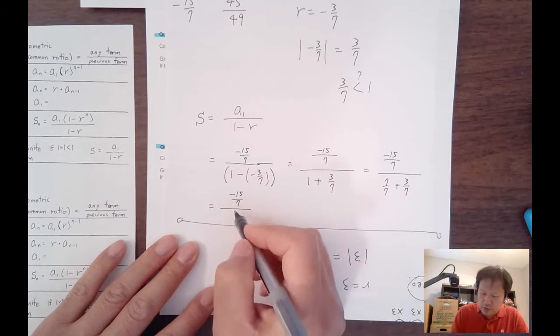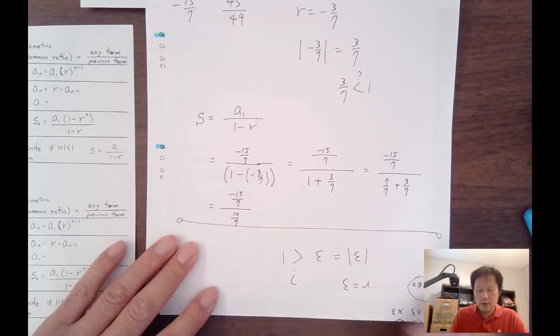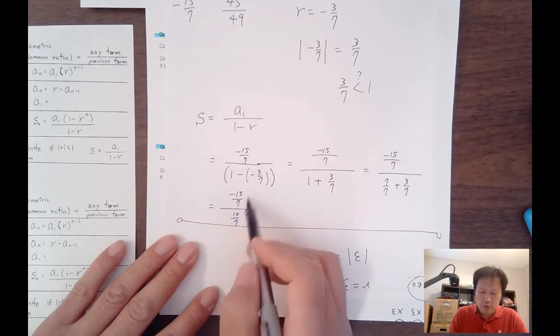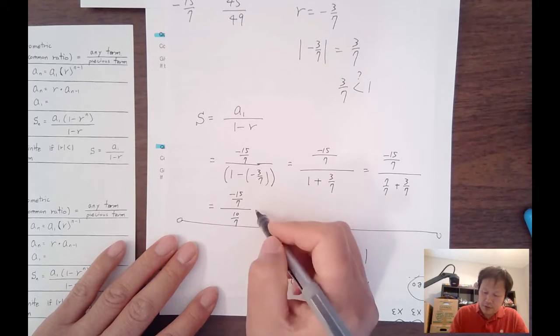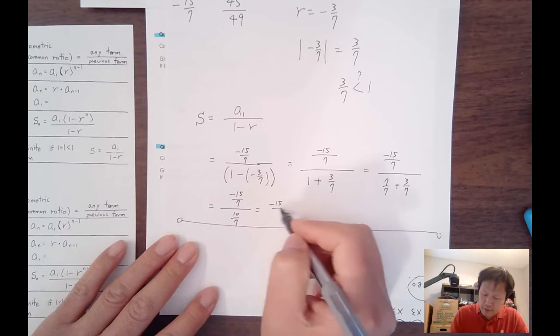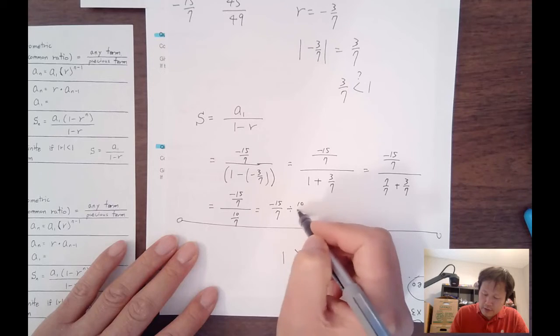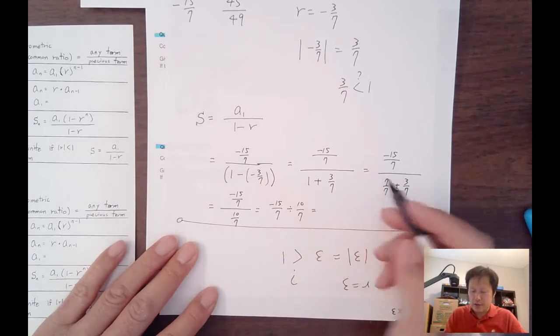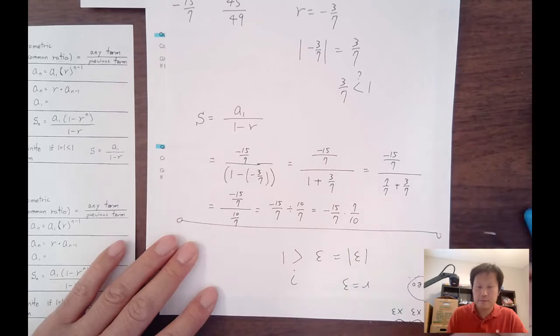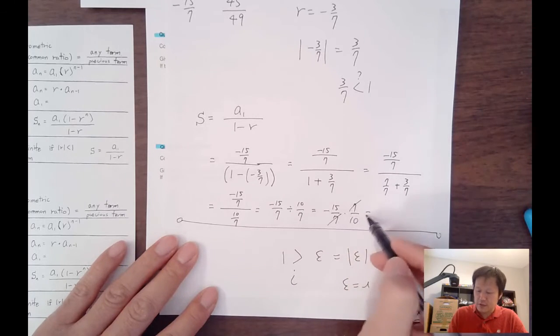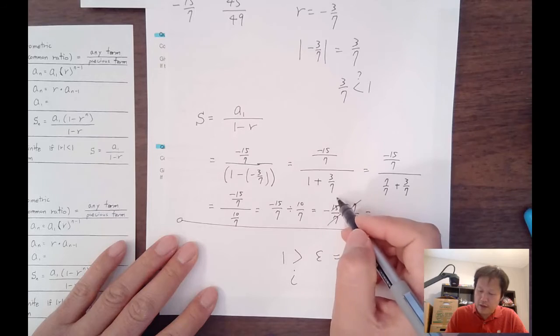So a fraction, numerator over denominator, is the same as numerator divided by denominator. So this is the same as minus 15/7 divided by 10/7. Divided by a fraction is the same as multiplied by the reciprocal. 7 cancels out. Cancel out 5, 3, 5, 2. Minus 3/2 is the final answer.